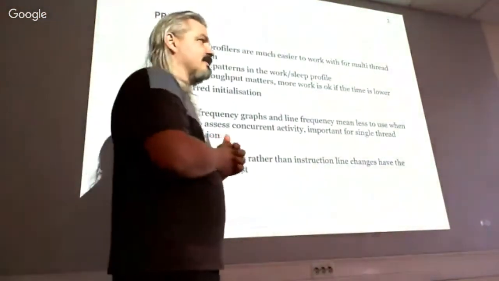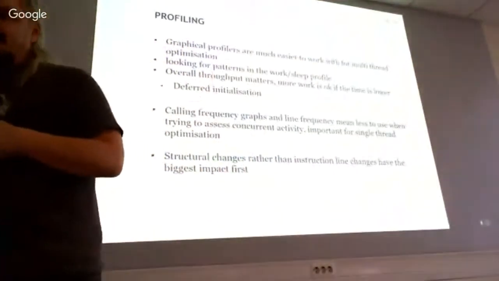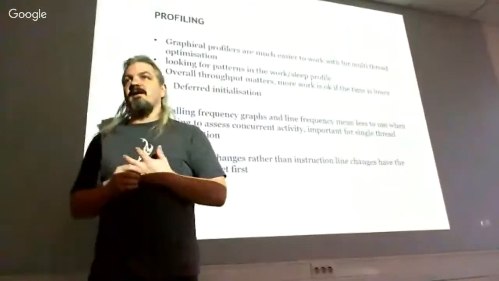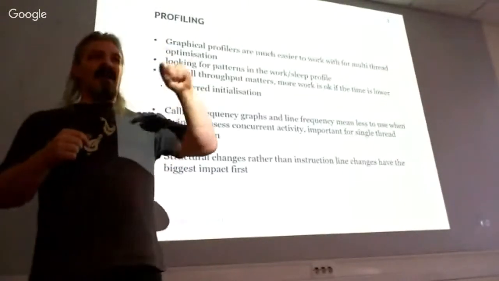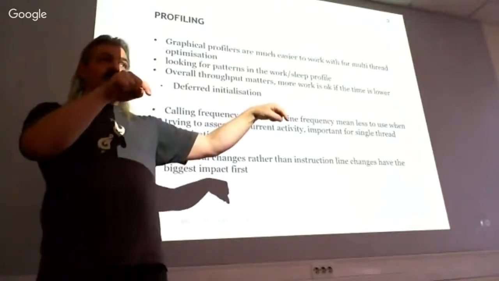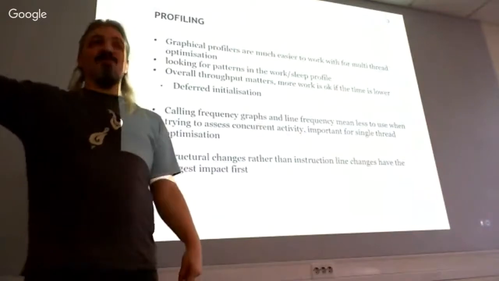The other thing you get from instrumenting your code and from profiling in general is this concept that overall throughput matters, right? I'm interested mainly in how long it takes my user to experience what's going on. I don't care if I use all of the CPUs or how much work each CPU does.